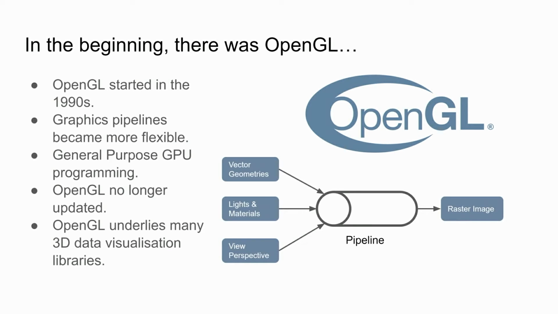So you come up with your three-dimensional vector geometries, you can add light sources and light material properties to these objects, as well as a viewing perspective or a virtual camera, and you put them in the front of the pipeline, and there's a sequence of steps that it goes through, manipulating these geometries before ultimately rasterizing them and turning them into the rendered image from the viewpoint of the camera.